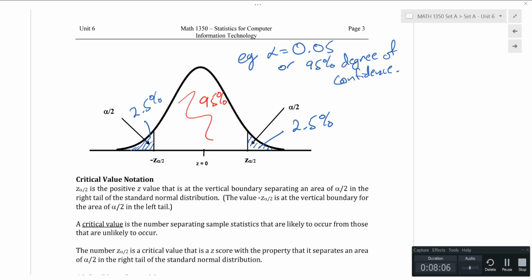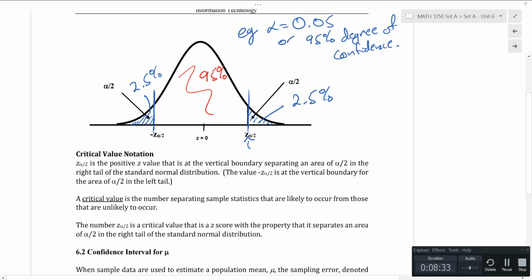In general, for any given alpha, you'd have alpha over 2 on the right and alpha over 2 on the left. We often use this notation, z alpha over 2. This is the z statistic that corresponds to this range that we draw here. That's kind of our cutoff, and it is called the critical value.